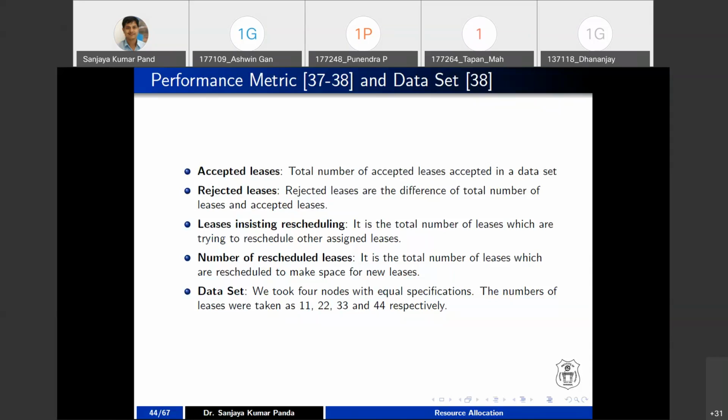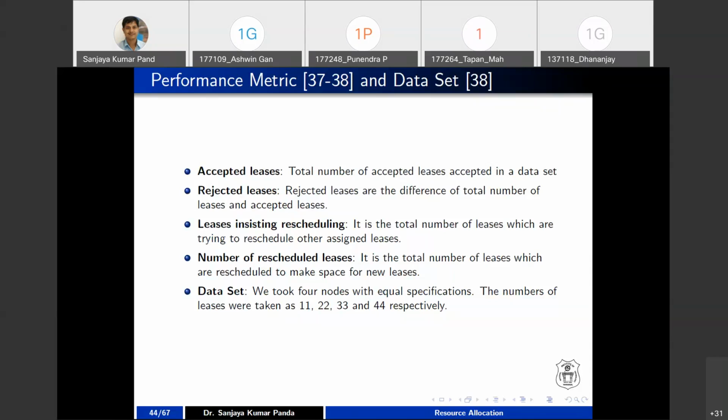So we invoke a process in order to reschedule L1, L2, L3, the leases that are already scheduled. L4 is the lease that insists L1, L2, L3 to reschedule. That's why it is calculated as leases insisting rescheduling.